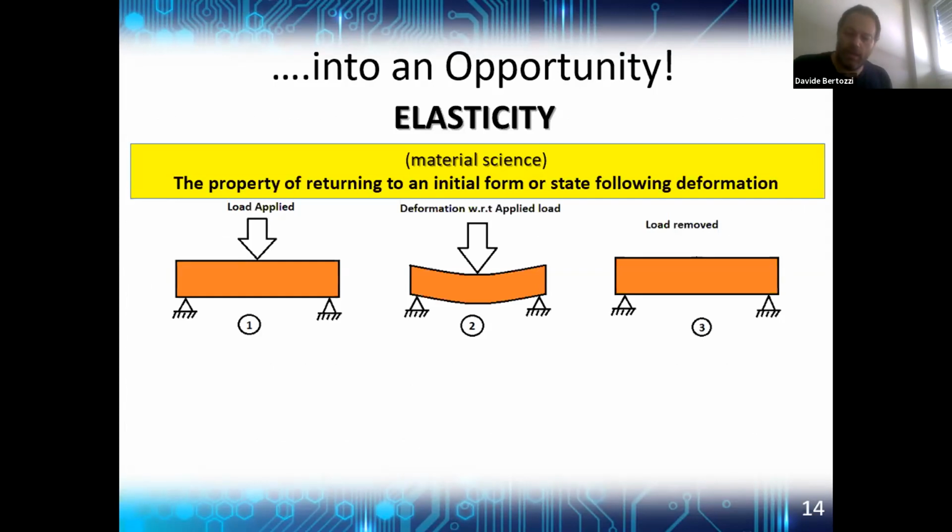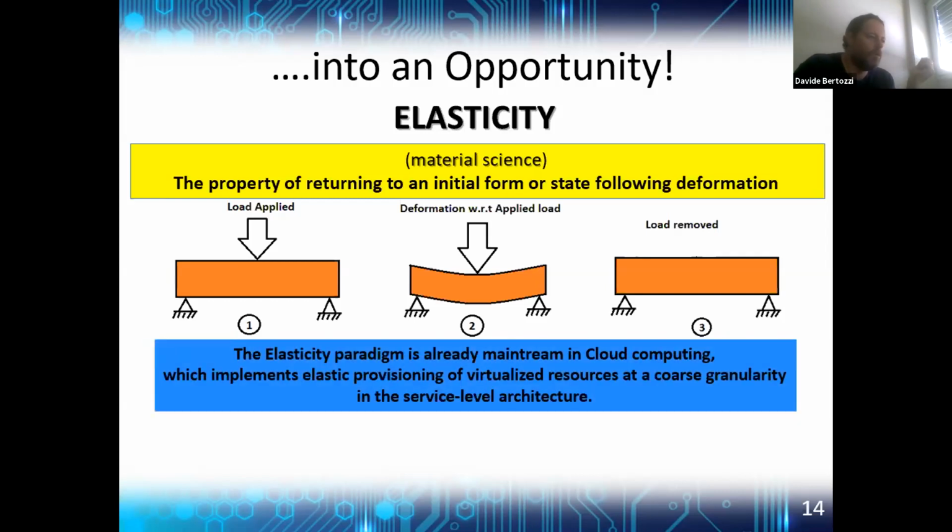It indicates the property of a material of returning to an initial form or state following deformation. The elasticity paradigm is already mainstream in cloud computing, because cloud computing implements the elastic provisioning of virtual resources, but this happens at a coarse granularity.